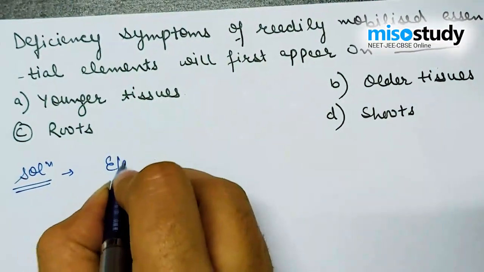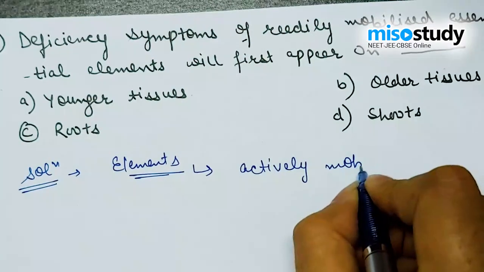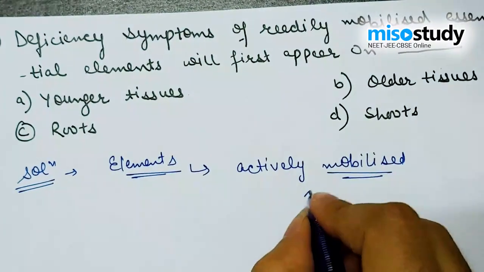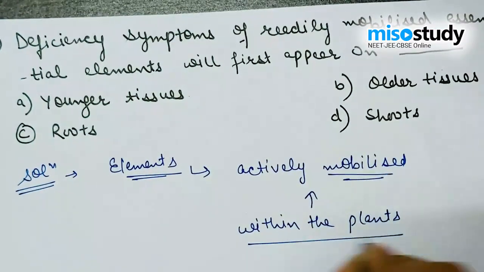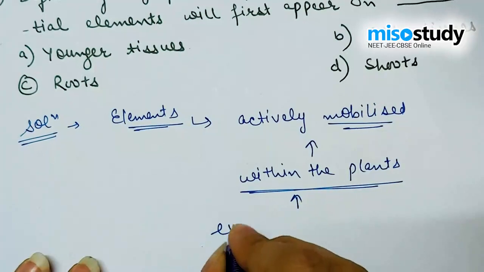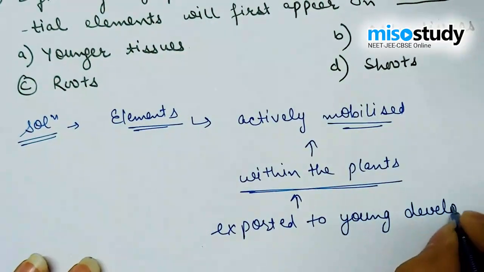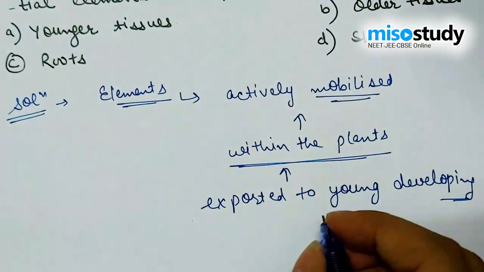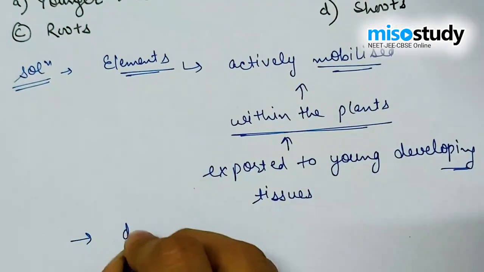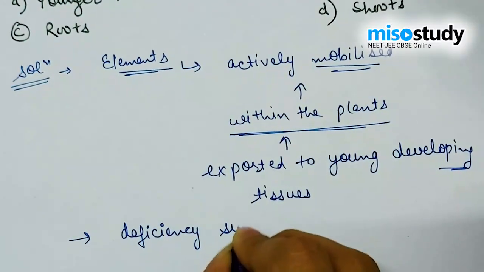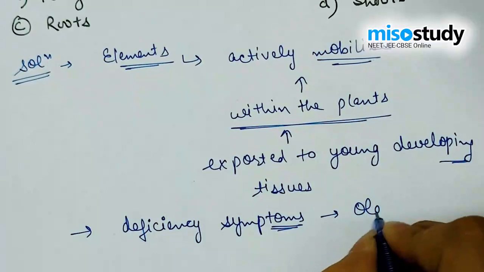When we discuss the elements that are actively mobilized within the plants and generally exported to young developing tissues, the deficiency symptoms tend to appear first in the older tissues.